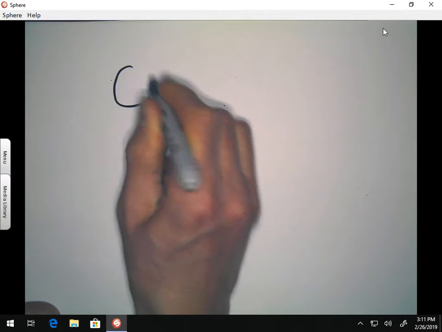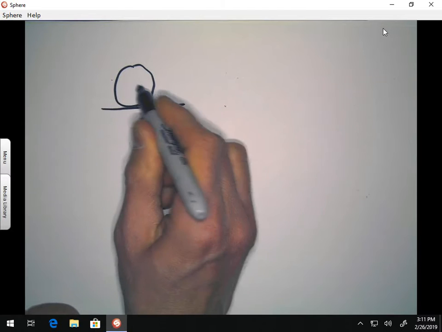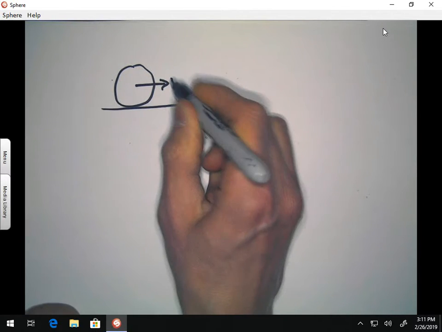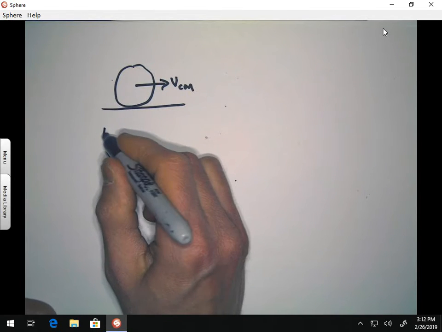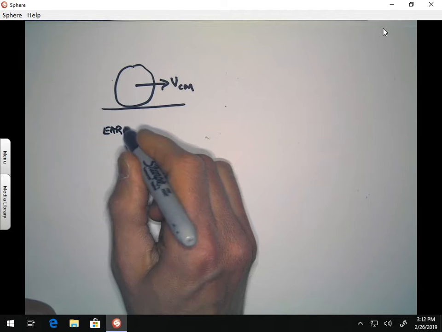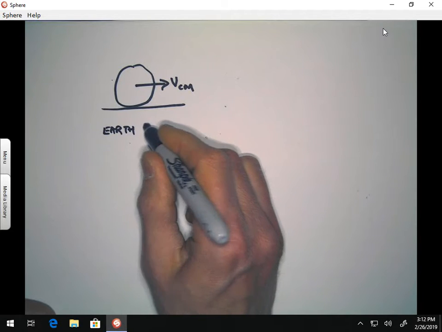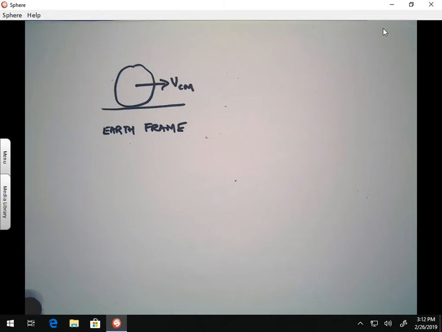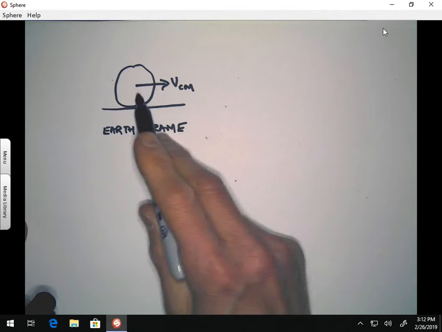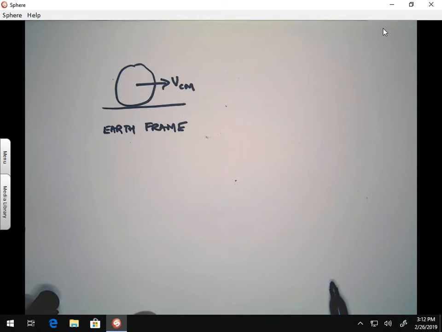So let's think about the object rolling. If you were looking at the object from the side, from the Earth frame of reference, you would observe that this object is moving from left to right.